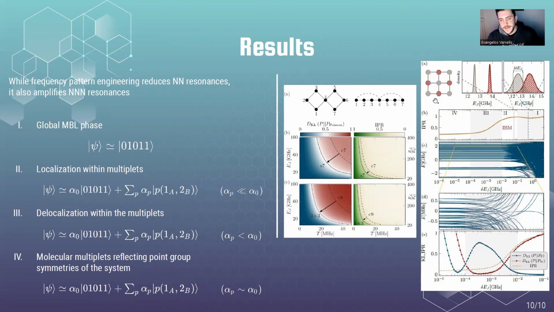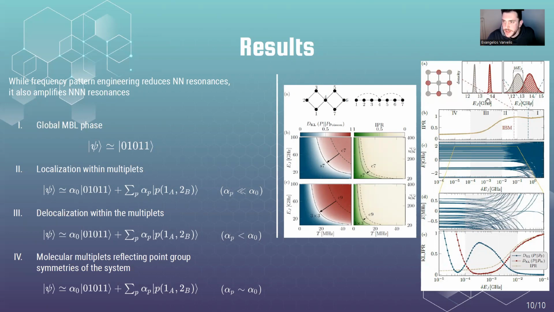So ideally fixing your frequencies on demand, and then making a pattern of frequencies of this form. Let's say all sites with gray color being fixed around a Josephson energy of 11 gigahertz, and all the red ones fixed around an energy of around 14 gigahertz.